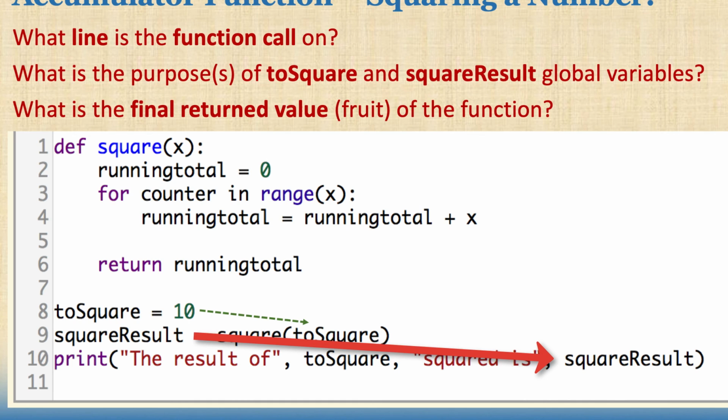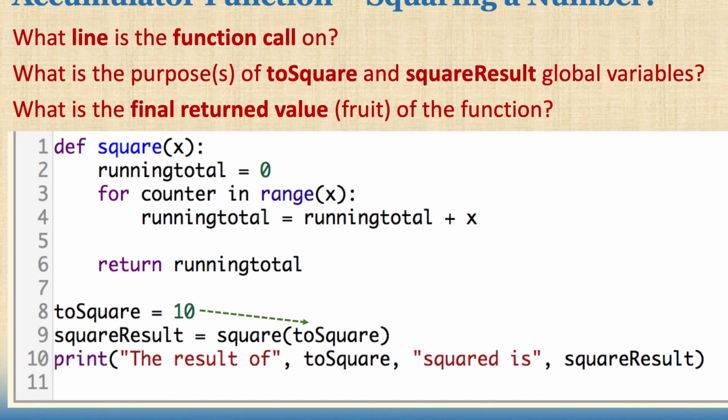The other is that it's used as part of a string that you're printing out. Now this has commas here. I would probably use F strings, but I think the How to Think Like a Computer Scientist book is a little bit older. They don't always use F strings in there, but these have dual purposes. They're being used as variables inside a print statement, and they're also holding the fruit of the function and just passing a value over.